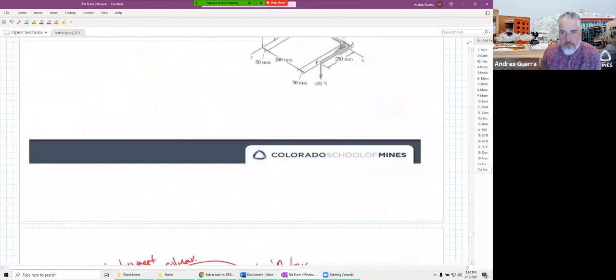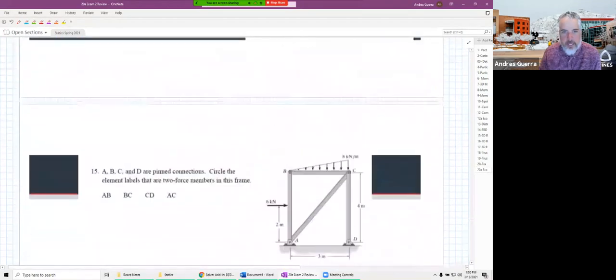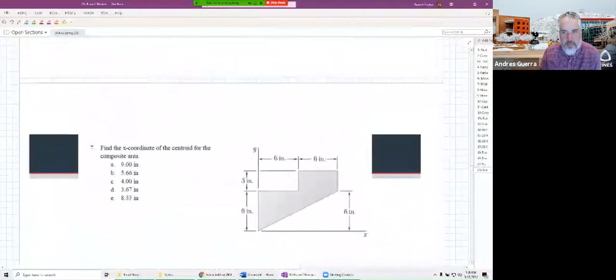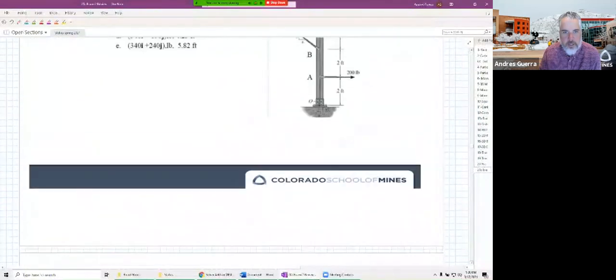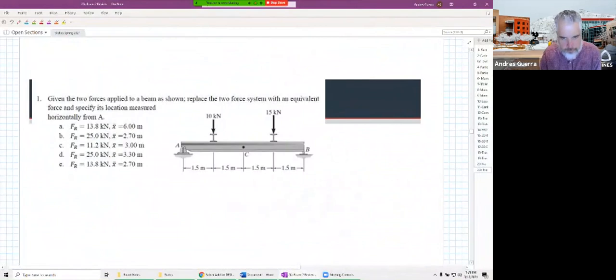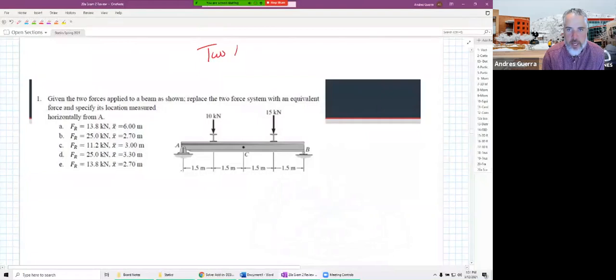Okay, let's head back up here and let's start with our equivalent systems. The idea with equivalency is that we have two rules. Our first rule for equivalency is that we can't change the forces.